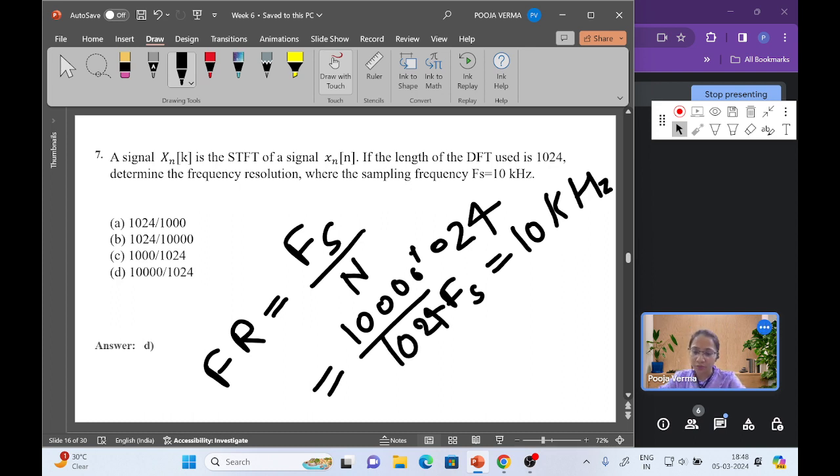Let's see which one is the correct option. Option A is 1024 divided by 1000. Option B is 1024 divided by 10,000, which is wrong, the opposite. Option C is 1000 divided by 1024. And option D is 10,000 divided by 1024. So the correct option is option D.